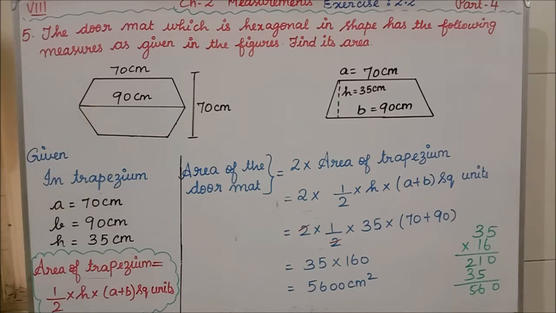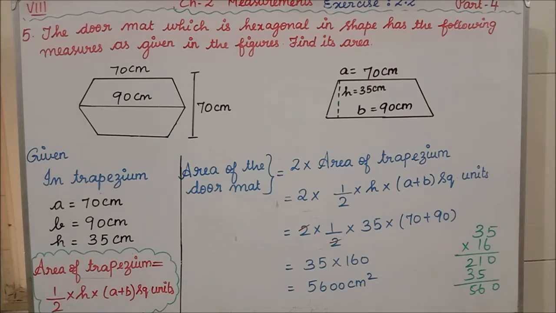Clear students, all of you? Now if you see, I have written here, given in trapezium: A equal to 70 centimeter, B is equal to 90 centimeter, H is equal to 35 centimeter. I told you in the previous session, part 3 session itself, the formula for area of trapezium. Do you remember it?